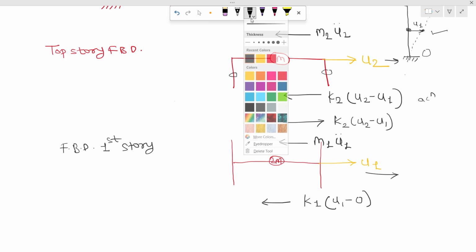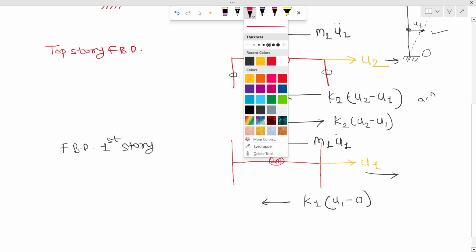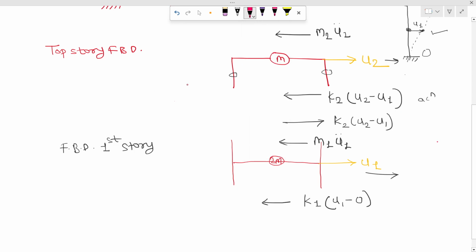Now our job is to write the equation. Okay, so how to write the equation? I will write the equation for the top story here. So first we'll consider left side positive, right side negative.